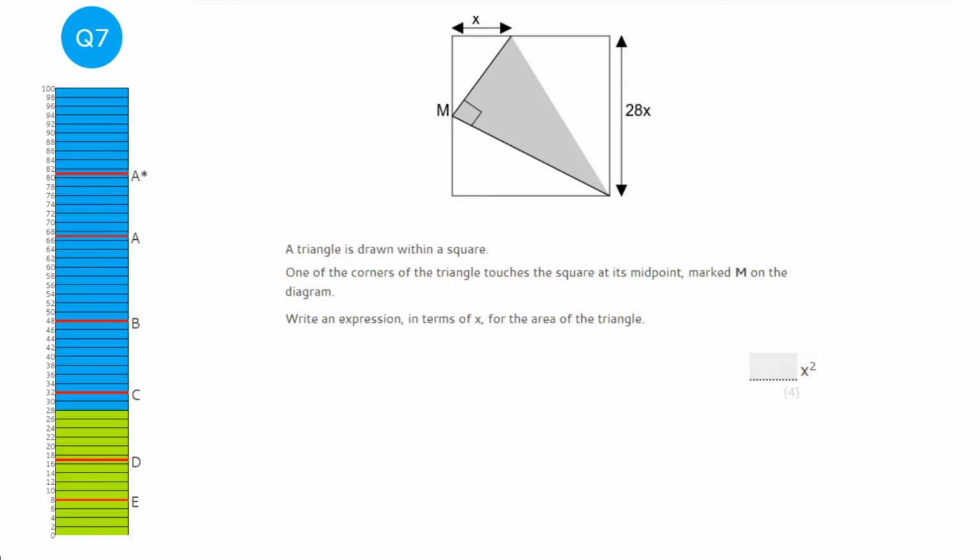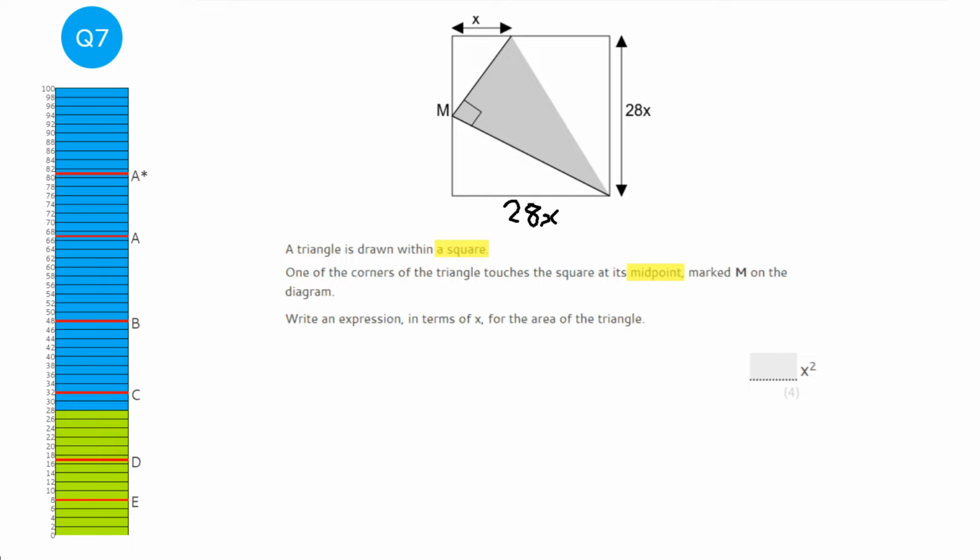So, we've got quite an advanced problem here. So, the first thing to highlight is the fact that this is a square, and that the M is a midpoint. Okay, and I normally start these questions just writing down bits that I know. So I know that this one is going to be 28x, because it's a square, so it's going to be the same as this one.